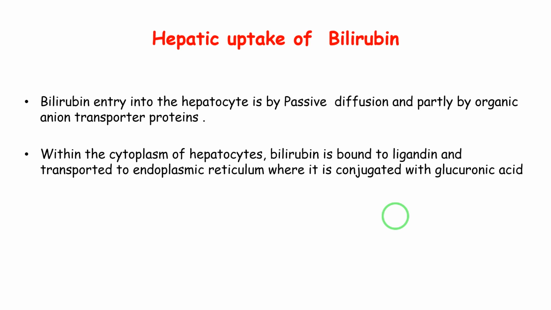Ligandin is found inside the hepatocyte and is responsible for transporting the unconjugated bilirubin to the endoplasmic reticulum. So the bilirubin-albumin complex attaches to the liver cell, the albumin is removed, and the bilirubin is bound to ligandin. Ligandin carries the unconjugated bilirubin to the endoplasmic reticulum, because the conjugation site is in the endoplasmic reticulum.